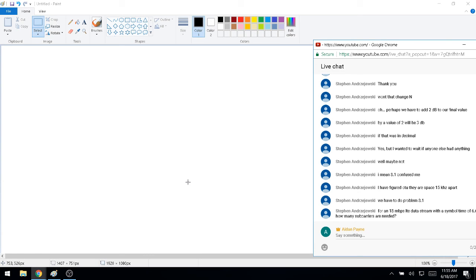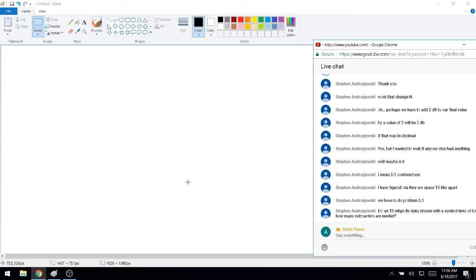It'll take me a second to look this up because I haven't considered this problem in a while. So Stephen, you originally said you figured out they're spaced 15 kilohertz apart. Okay.